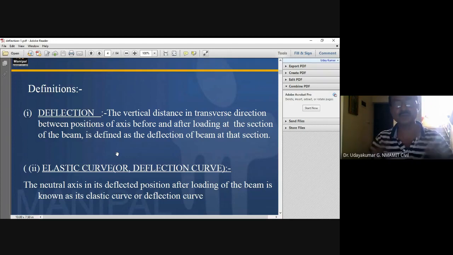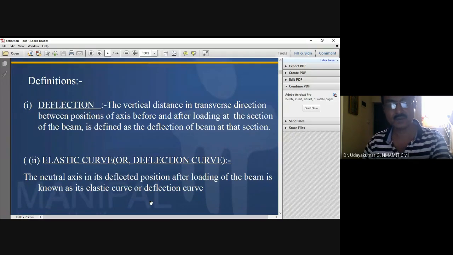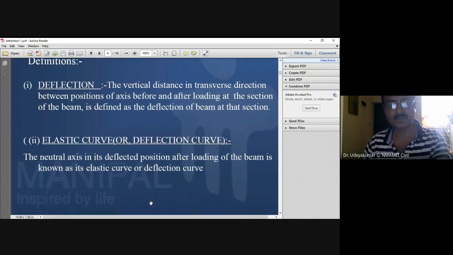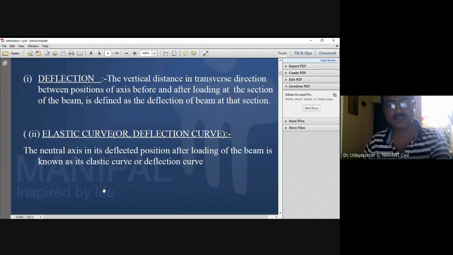This is how the beam deflects. Elastic curve, or the deflection curve: the neutral axis in its deflected position after loading of the beam is known as the elastic curve, or the line joining the deflected positions at different points.